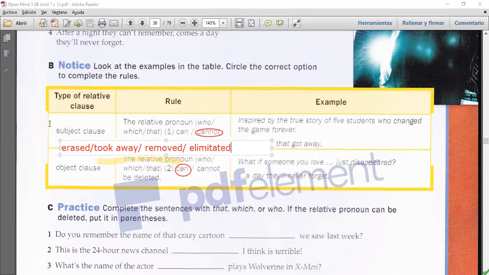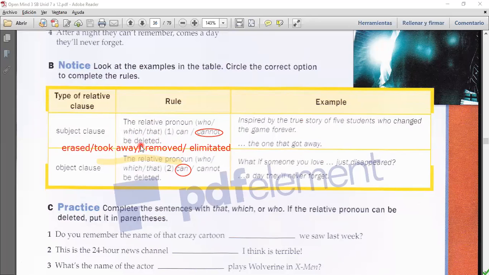What does it mean? It means that the relative pronoun working as a subject, that means who is the subject, which is the subject, that is the subject, cannot be erased, took away, removed, eliminated, or deleted.